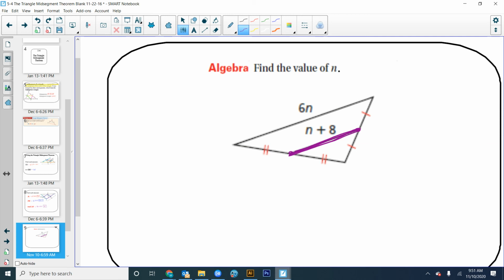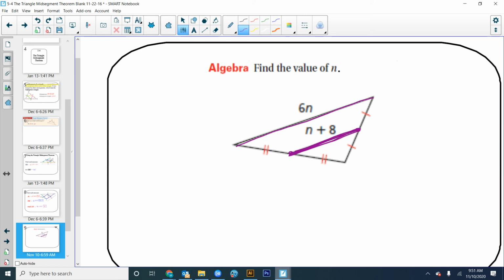If you ever set the mid-segment equal to the side length, you may get made fun of. I'm just kidding, I won't make fun of you. However, do you guys see this? Just look at them. Can those two ever be the same length? Nope. So don't ever set them equal.